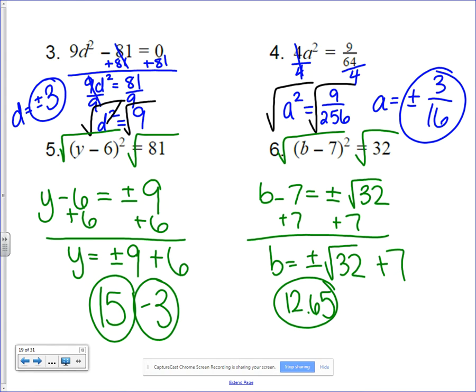Press equals. And then add the 7 on. What you got, Greg? There you go.